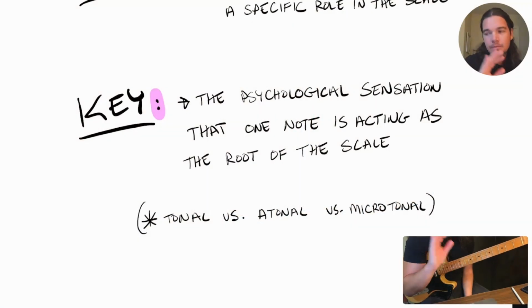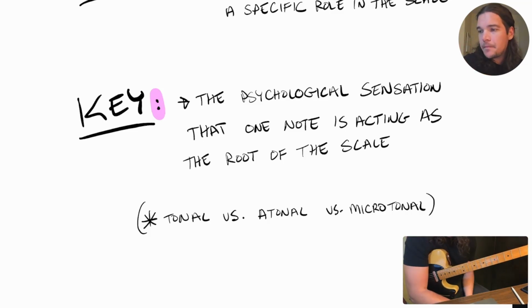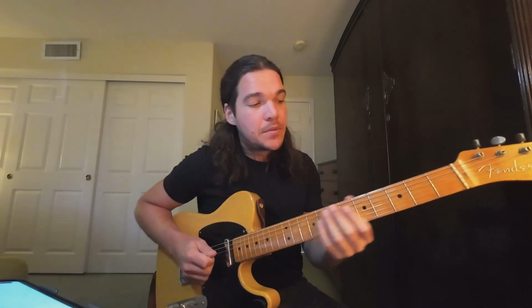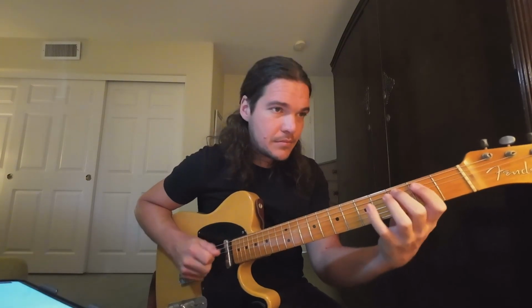That's what's going on. Okay, really briefly, this is a little bit of a tangent. When people say that something is in a certain key, they could also use the word tonal, like this is tonal music, as opposed to atonal music. So atonal music is when it's just a bunch of random notes. If it's literally random and you do not hear one of those notes as the root of the scale, then we can consider that music to be atonal.